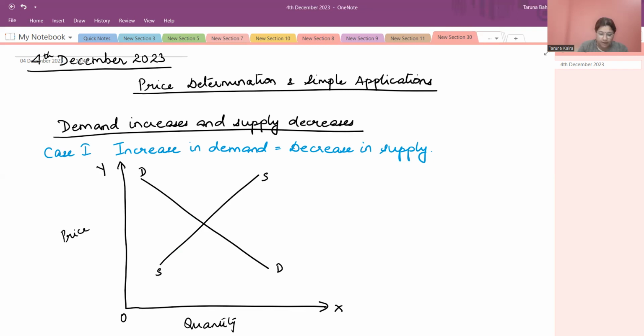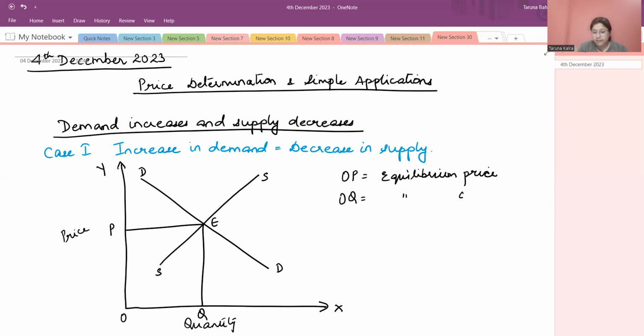See, demand and supply are going to intersect at point E. This is our equilibrium point, where OP is the equilibrium price and OQ is the equilibrium quantity.